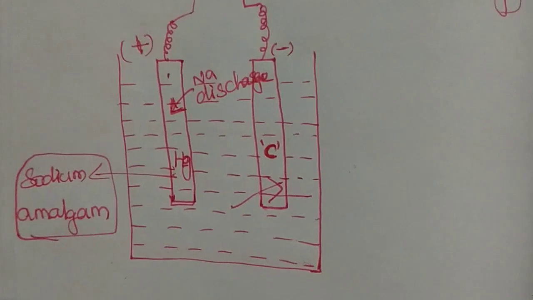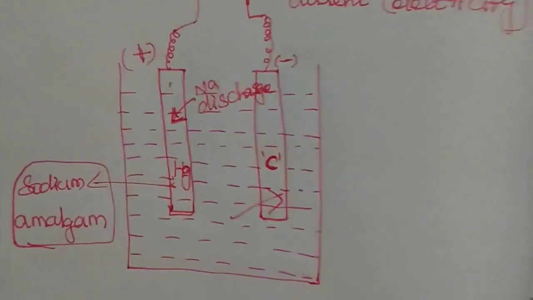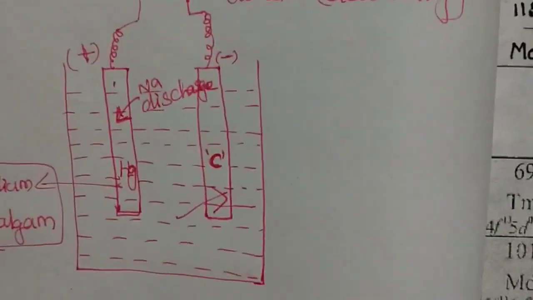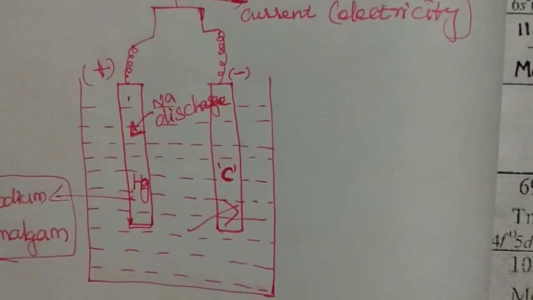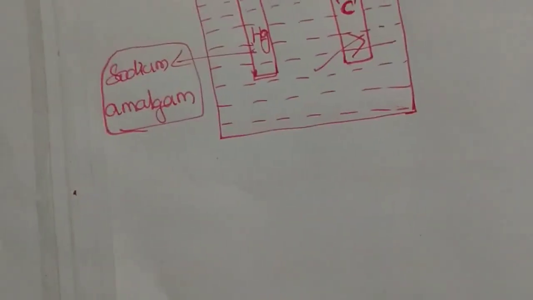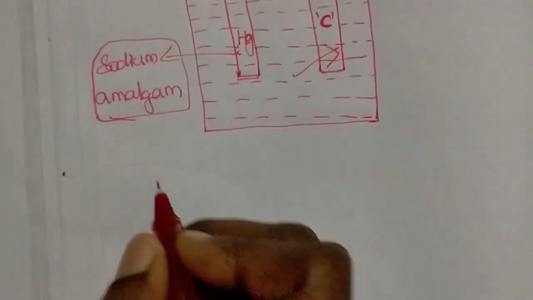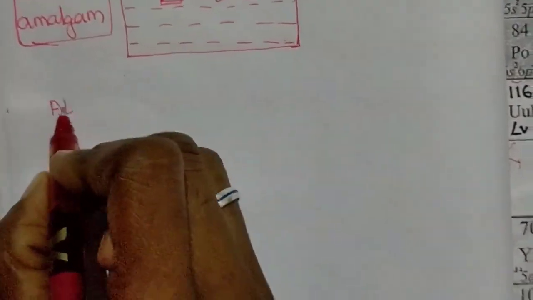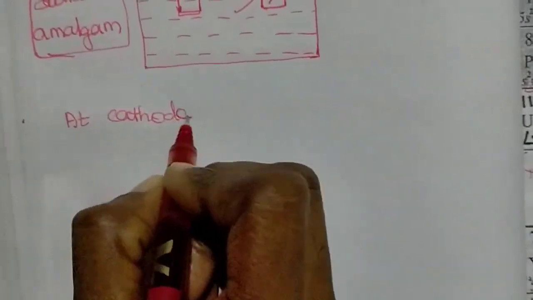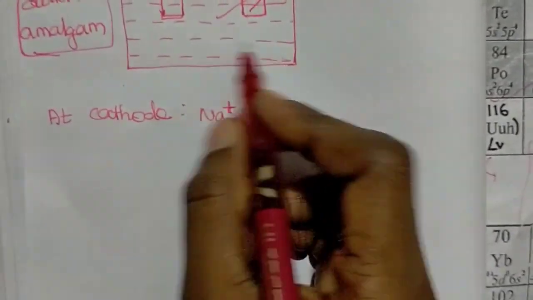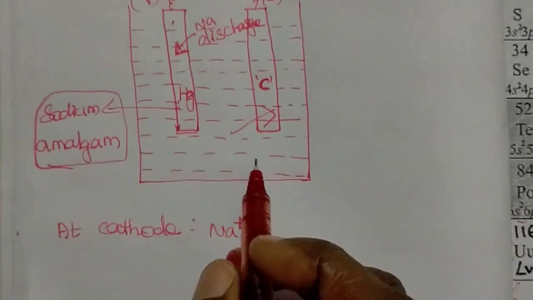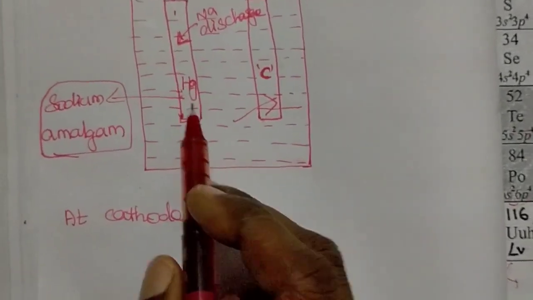So sodium amalgam is separated out from the cathode rod, and it is treated with water to give sodium hydroxide. The reactions involved are given below. First, the reaction at cathode: sodium plus, dissociated from the sodium sulfate solution, is discharged into the amalgam.